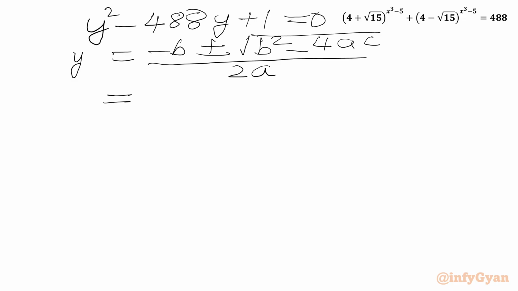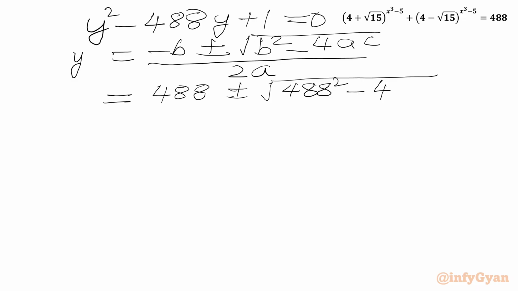Let's plug in all the values. We will get −(−488) ± √(b²). So (−488) whole square is 488 whole square. Minus 4 times a, which is 1, and c is also 1. The denominator will be 2 times a, 2 times 1, so we'll write 2.